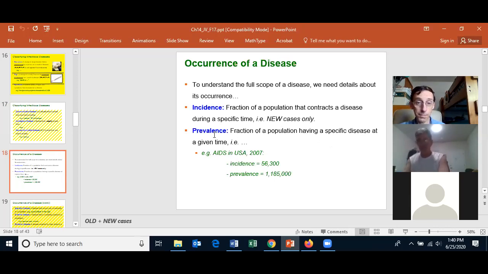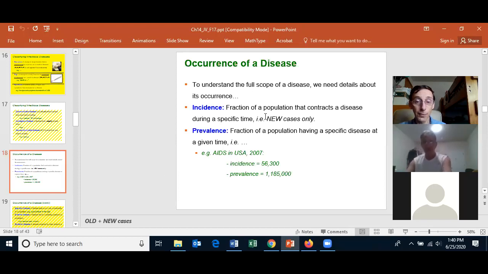And you can look up the incidence, the rate of new cases of COVID-19 at the moment. And in Arizona, the incidence of COVID-19 has been going up almost exponentially.